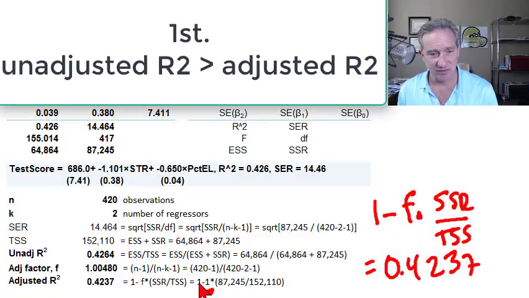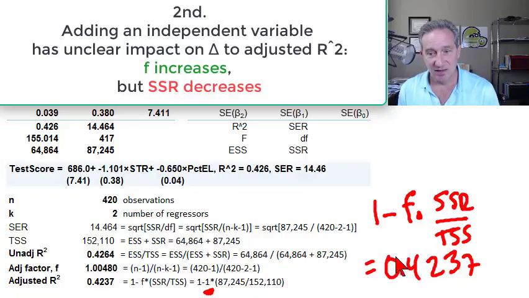And the first is what I've already said, our adjustment factor here will always be greater than 1. And so the adjusted R squared will always be less than the unadjusted R squared. And that's because, secondly, this adjusted R squared has two influences, right?